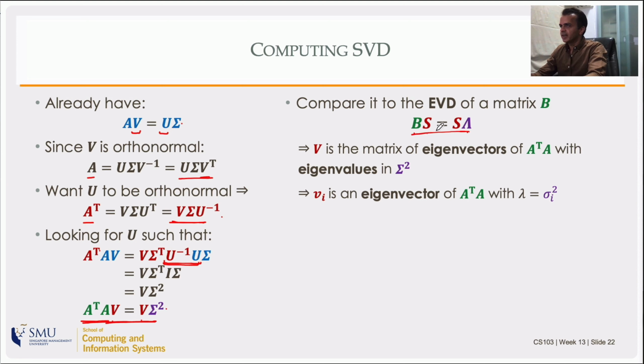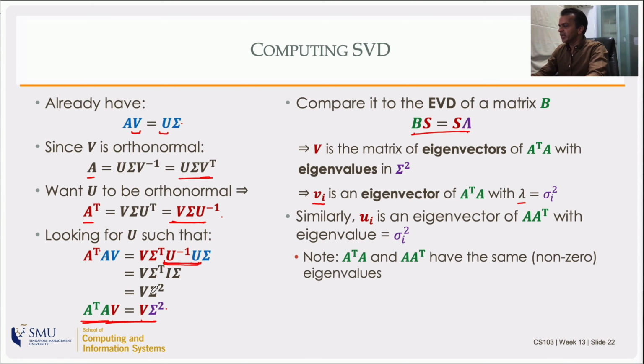What it is saying is that V is actually the matrix of eigenvectors of A transpose A, and sigma square is actually the matrix of eigenvalues of A transpose A. So each vector Vi in the matrix V is an eigenvector of A transpose A. Remember, A transpose A is our gram matrix. It's coming up again here with an eigenvalue equal to sigma i square. So that way we can compute all the V's and all the sigmas.